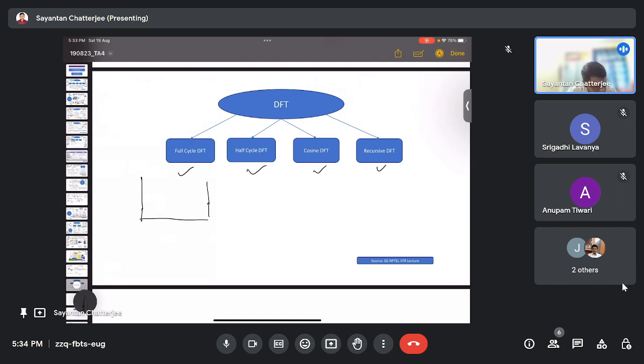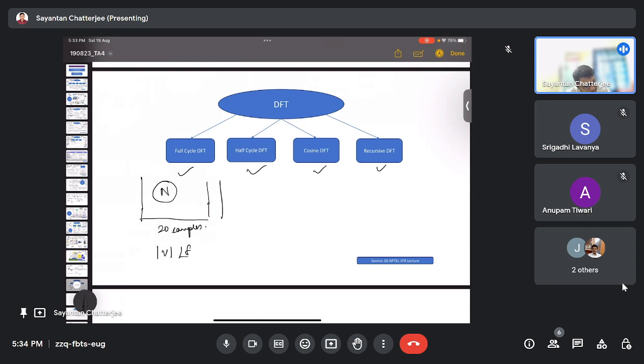Suppose in the full cycle there are 20 samples, so based on these 20 samples it would give out a magnitude and angle result. But this is quite a time taking procedure. It goes from 1 to n, up to n number of samples. Suppose 20 samples, so the entire 20 samples would be used to find out the full cycle DFT, that is the voltage magnitude and the angle.